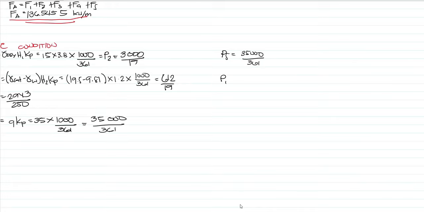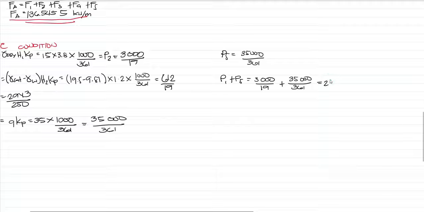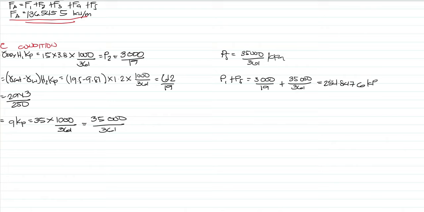Then P1 plus P5. So, P1 natin is 3,000 over 19 plus our P5, which is 35,000 over 361. So, that will be a value equivalent to 254.8476. Kilopascals pa yung dalawa. So, next, dun tayo sa P2 plus P3 plus P4 plus our P5.